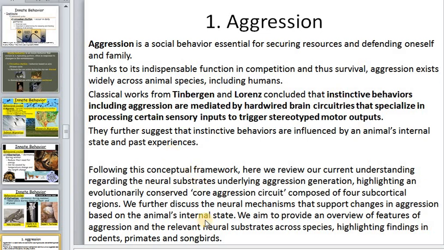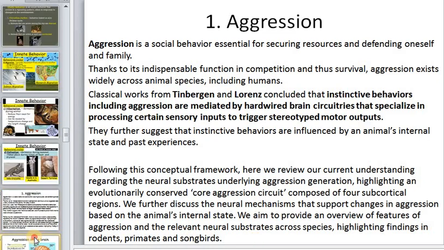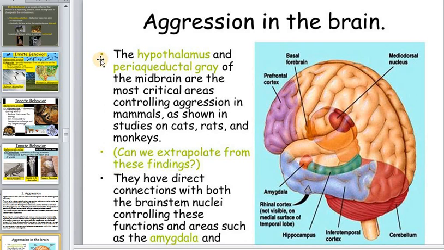And following this conceptual work, we review our current understanding regarding the neural substrates underlying aggression generation and the evolutionary concept of aggression. And you know that some parts of the brain play a role in aggression: the hypothalamus and some parts of the midbrain are the most critical areas for controlling aggression in mammals, as shown in studies on cats, rats, and even monkeys.